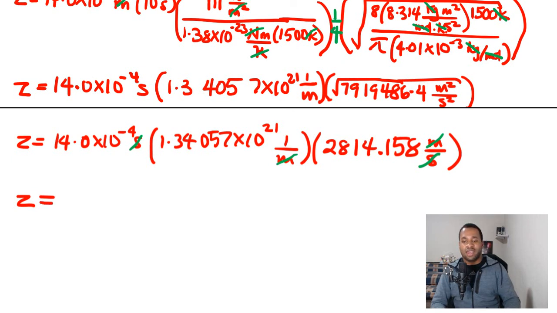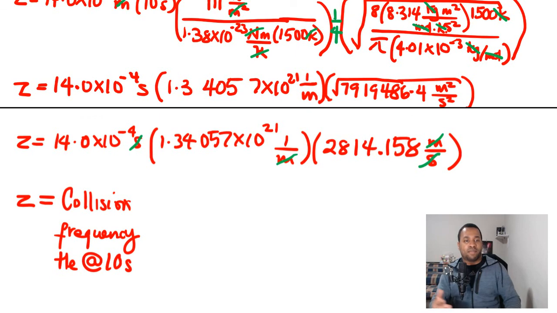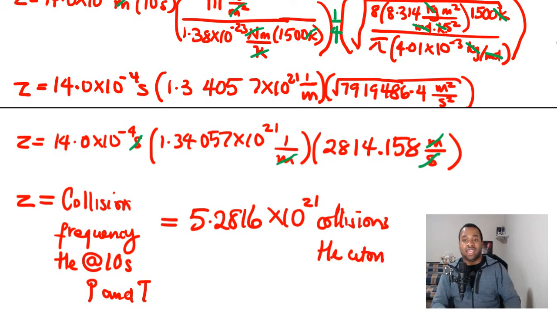Once you multiply the constant, in this case the collision frequency, which is in this case the number of collisions that helium will experience against the wall in 10 seconds at that particular pressure, which is given in the question, and temperature, to be equal to 5.2816 times 10 to the power of 21, that is how many collisions are going to be made during this particular process dealing with helium atoms in that particular space.